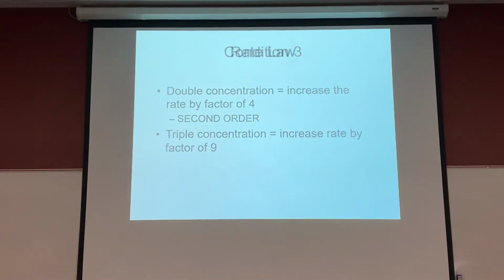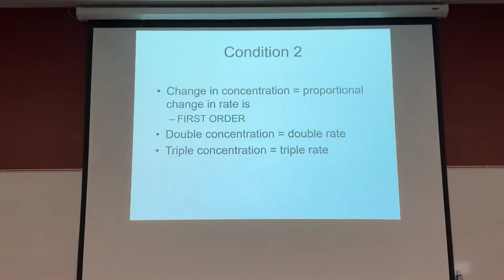Do you want me to leave these two up here for a minute? Yes. All right, I'll leave that there. So the proportional rate change: if you double the concentration, double rate, first order. Triple concentration, triple rate, first order. Quadruple concentration, quadruple rate, first order. The value of that exponent is 1.